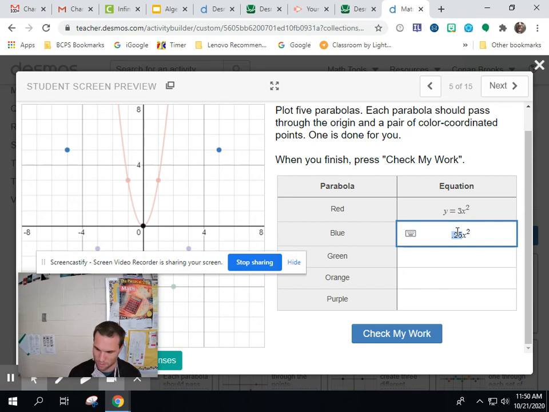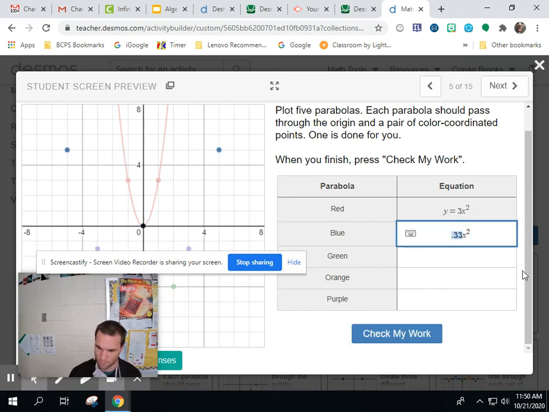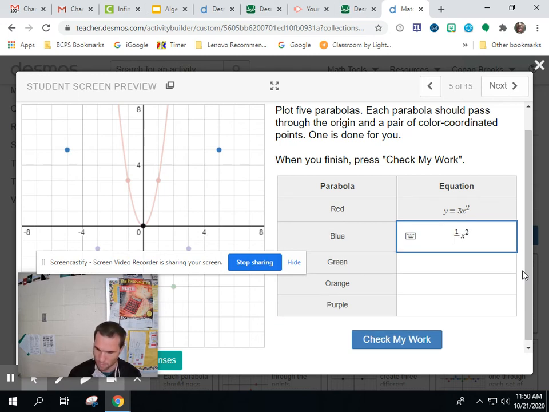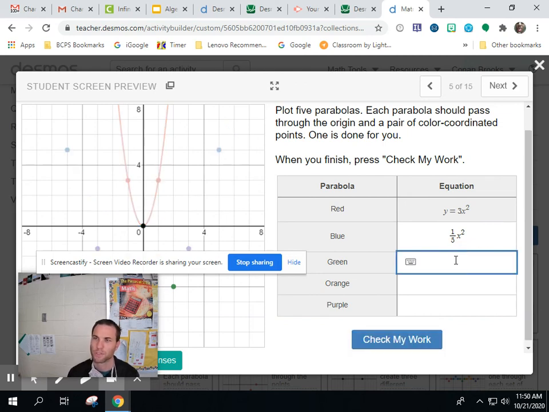Almost. As the denominator gets bigger, there it goes. So 1/5 x. So you're going to have 3 numbers. You're going to have the number behind, move it up and down. You're going to have the number on the inside of the parentheses, move it left and right. And you're going to have the number in front of x squared in order to move it bigger and smaller.